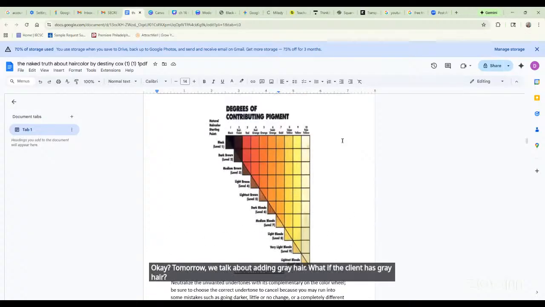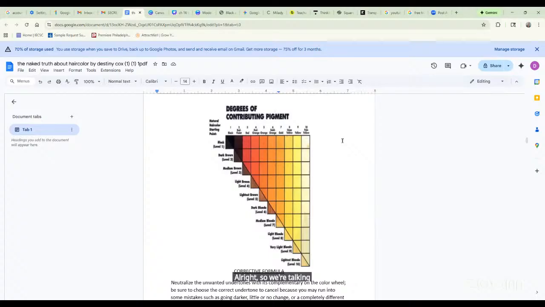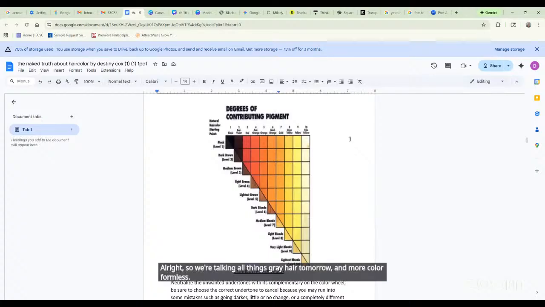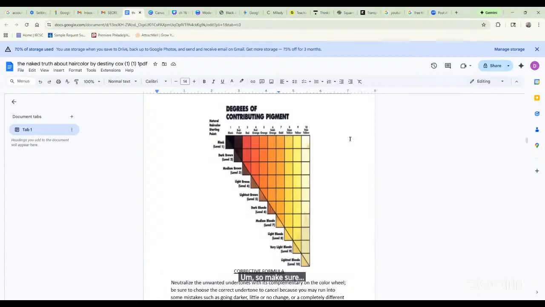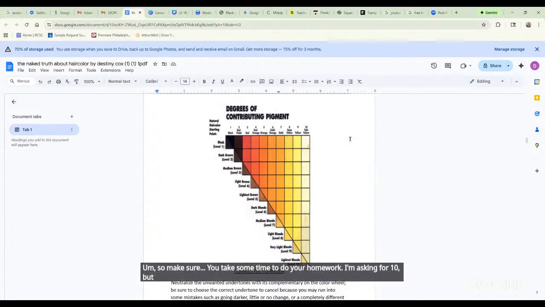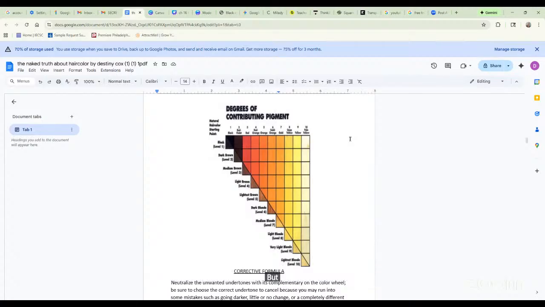We're talking all things gray hair tomorrow and more color formulas. So make sure you take some time to do your homework. I'm asking for 10, but get as close to 10 as possible. Tonight, just screenshot it and send it over to me, and I will check it before we come in tomorrow.